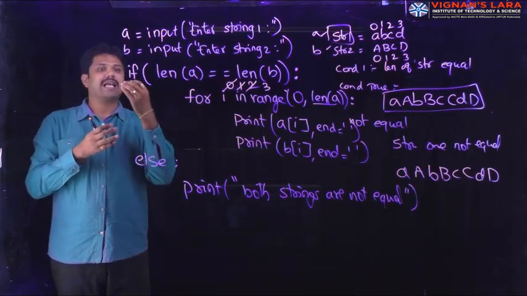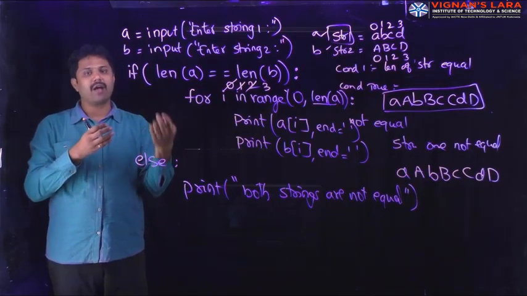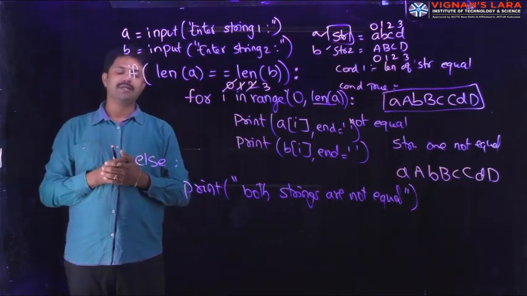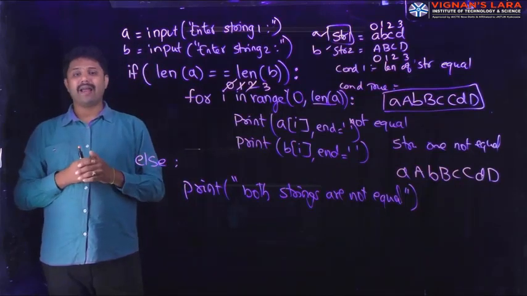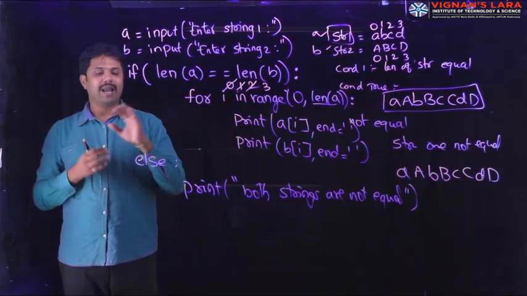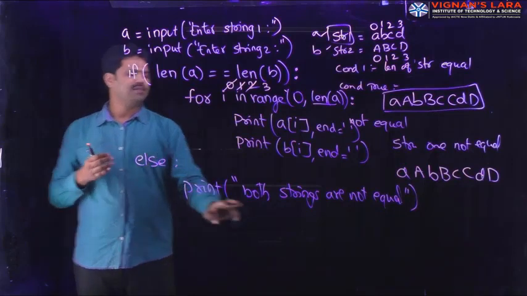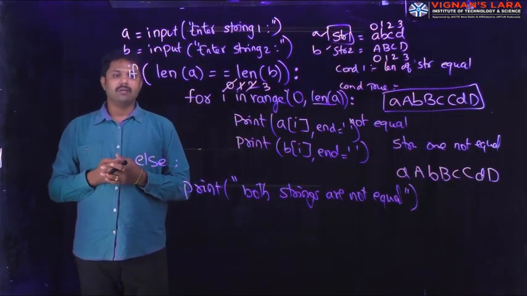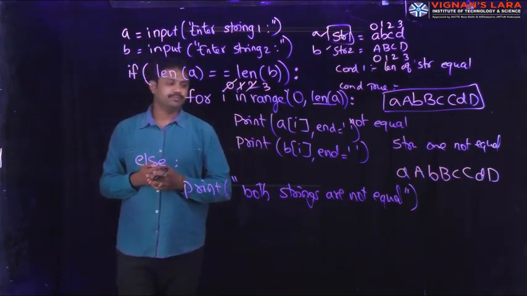After that, the second character in the first string and the second character in the second string together. Like this, I am going to print. And also, if the lengths of both strings are not equal, I simply print both strings are not equal. This is the second program we have.